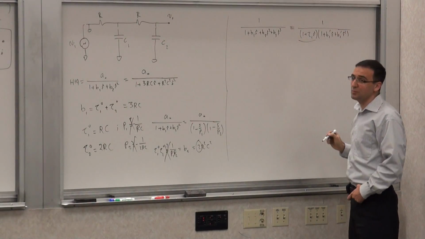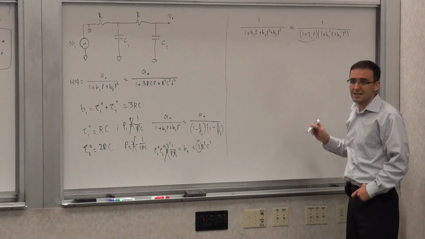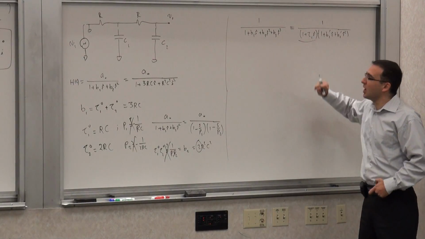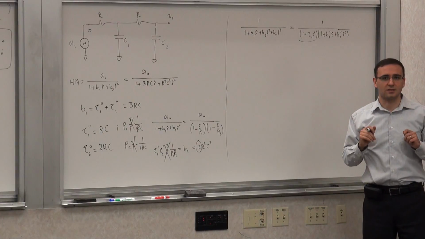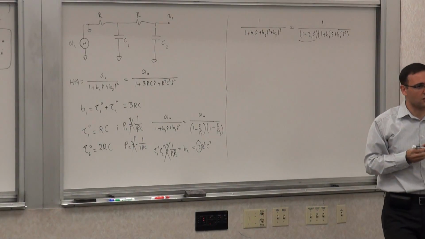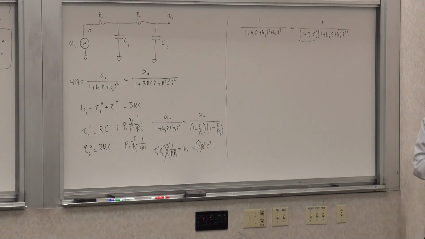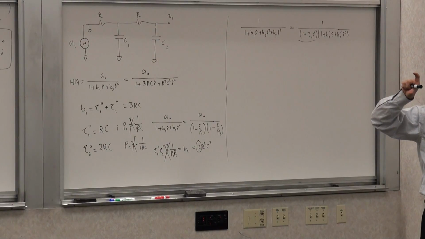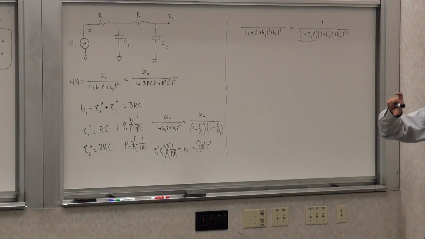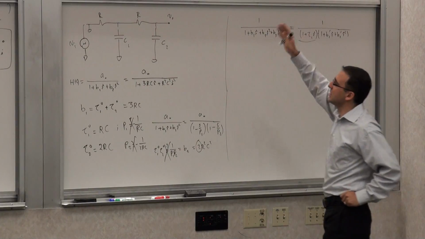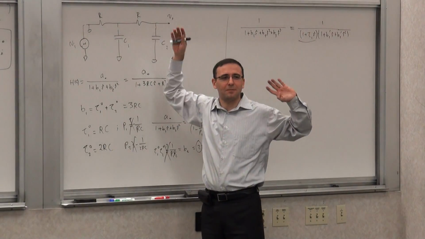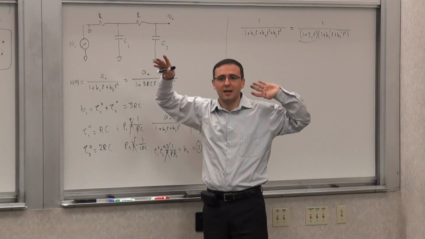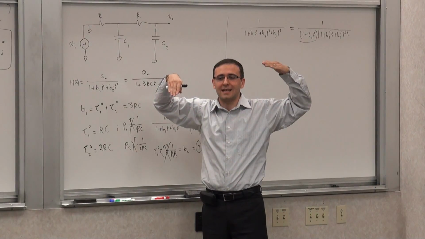But for you to be able to do this, this time constant needs to be uncoupled from the rest of the circuit. How do you verify that something is uncoupled? And we'll have a derivation later on. We'll show you how it works mathematically. But the way is simple. You look at the resistance seen by the element associated with that time constant, let's say that capacitor, and see if shorting and opening of all the other capacitors and inductors has any effect on it.